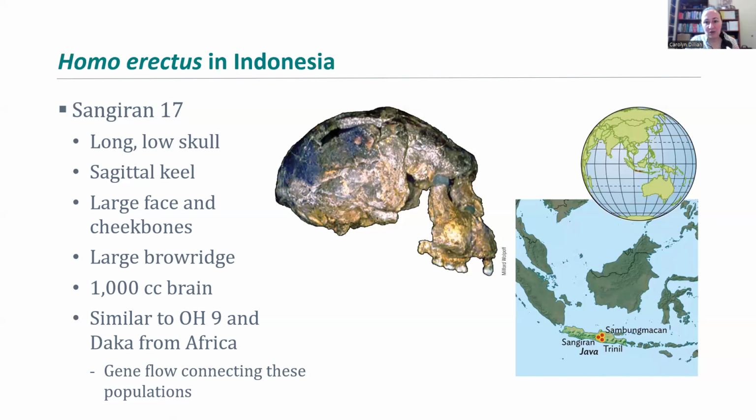So it also has a little bit of a sagittal keel across the top of the skull. So not as much as members of the genus Paranthropus, of course, but a little bit more of a muscle attachment along the middle of the skull here.